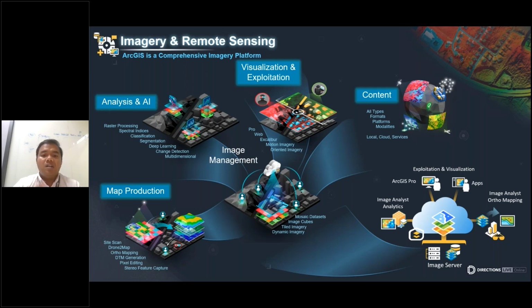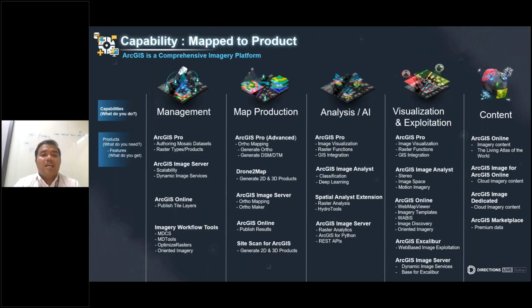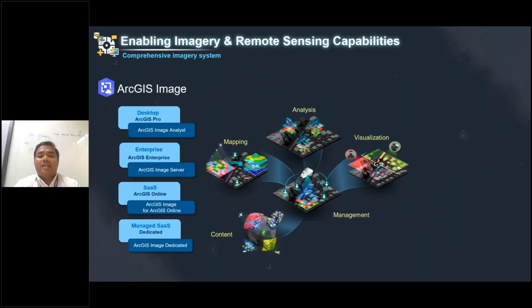Across these 5 main capabilities, Esri has provided you various imagery tools and solutions to suit your operation needs and desired imagery output product across multiple platforms, either in desktop, server, cloud environment, and also web application. So, the ArcGIS Image product suite quickly integrates imagery into all of your workflow.